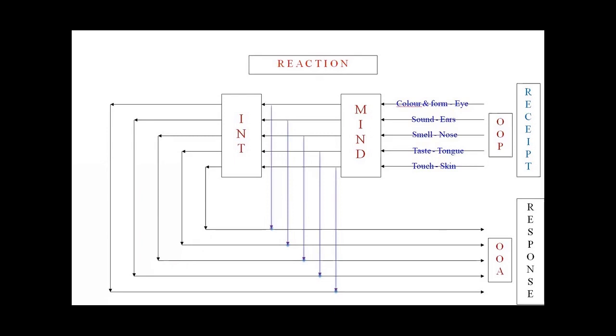Instead, if it goes through the entire process, through the black lines, where it submits the information to the intellect to process, and the intellect processes it and decides the course of action and sends back the instructions to the organs of action, this is the response you are supposed to give. That sort of response is an objective response. Then you are leading an objective life. This is the basic process of the entire equation.